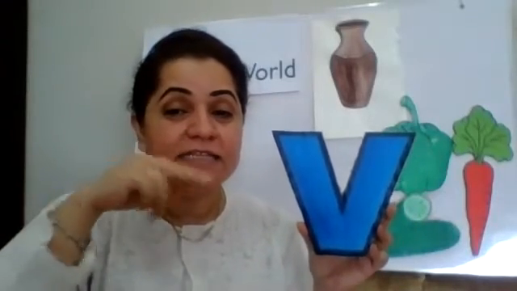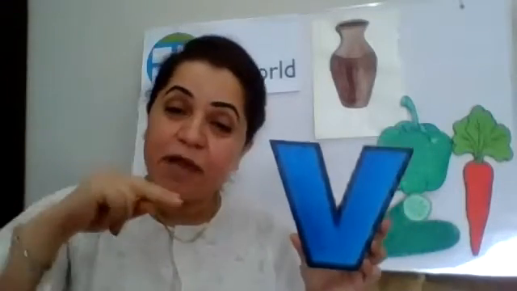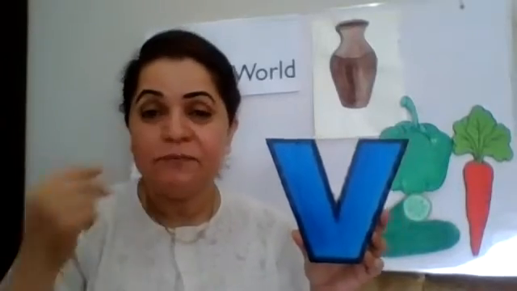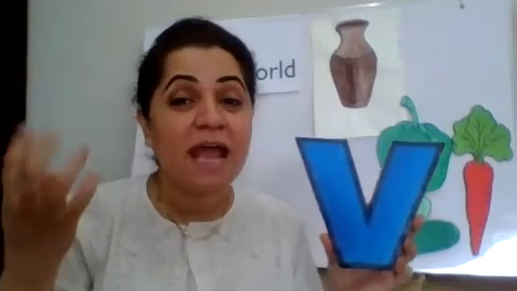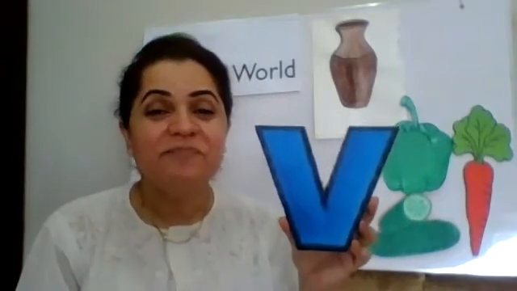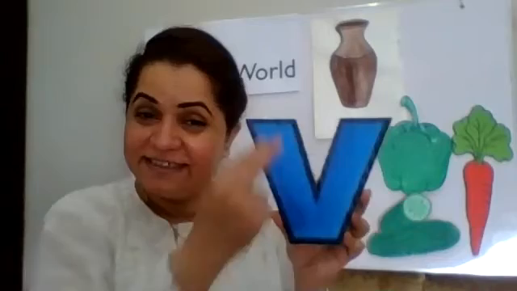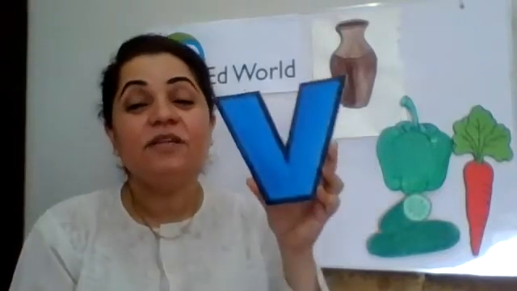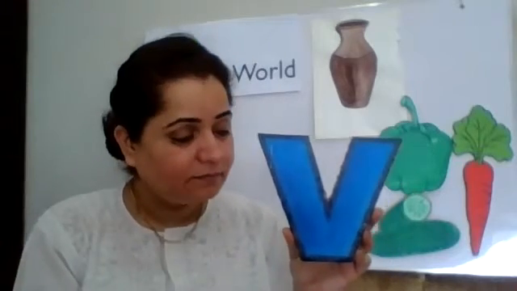It is a mountain, but it does more than that. There is something which erupts and comes out from it. What is that? Yeah, that's a volcano. Yay, volcano, right? Volcano starts with V.